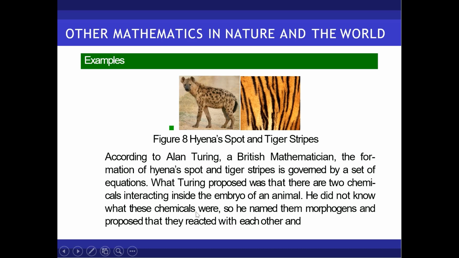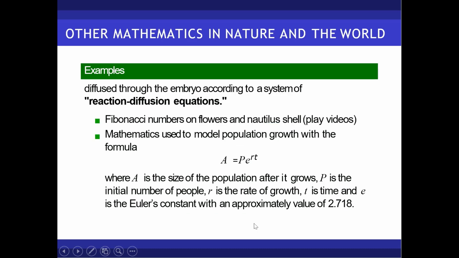He did not know what these chemicals were, so he named them morphogens and proposed that they reacted with each other and diffuse through the embryo according to a system of reaction diffusion equations.